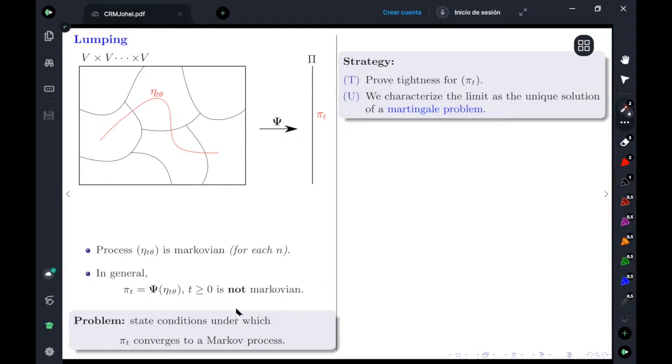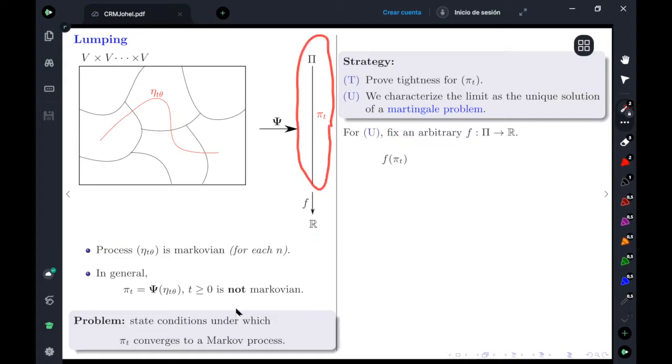Now let me explain very briefly and very roughly speaking the idea behind this approach, or the way in which we try to use this martingale approach for this lumping problem. Let's fix an arbitrary real valued function f on this state space.